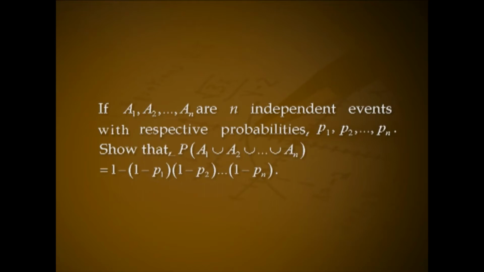If A1, A2, etc. An are n independent events with respective probabilities P1, P2, etc. Pn, show that P of A1 union A2 union etc. union An equal to 1 minus 1 minus P1 into 1 minus P2 etc. into 1 minus Pn. Proof.